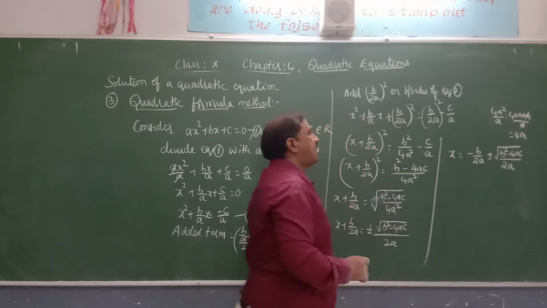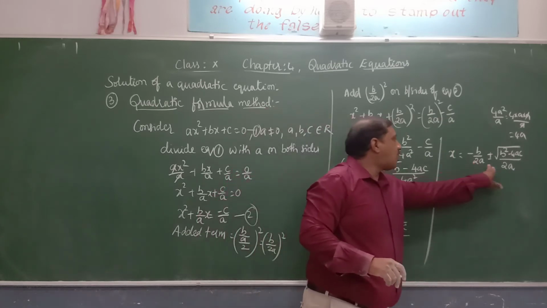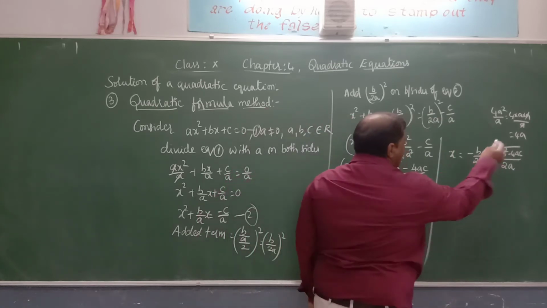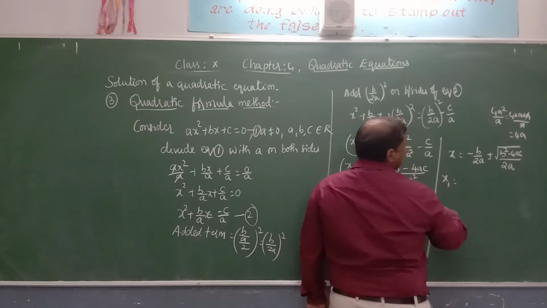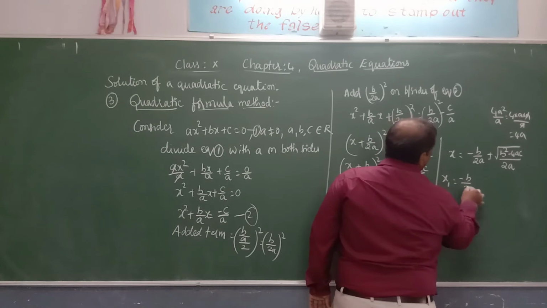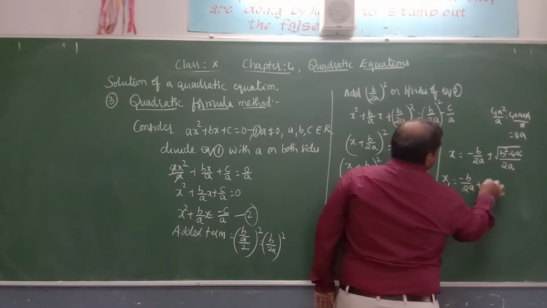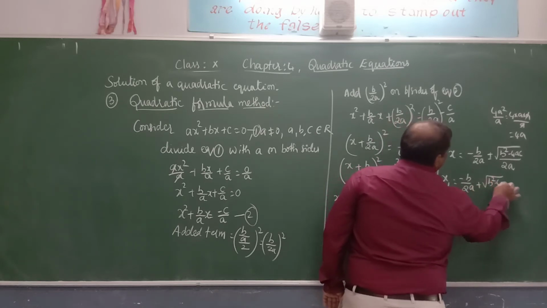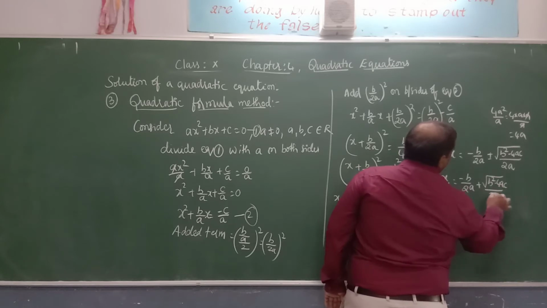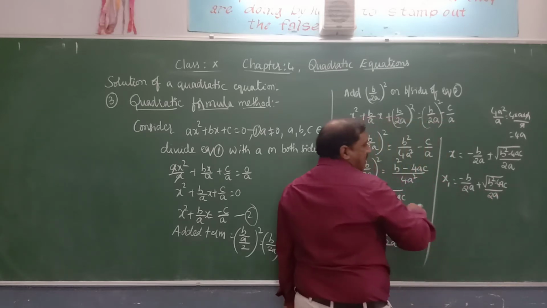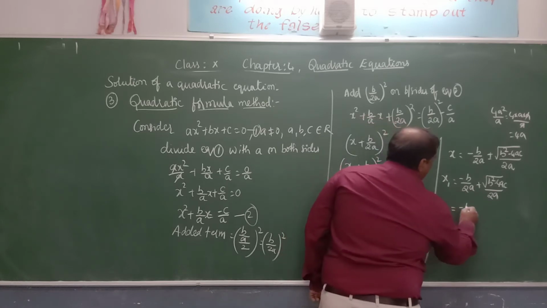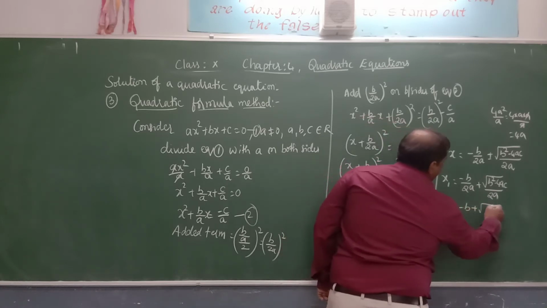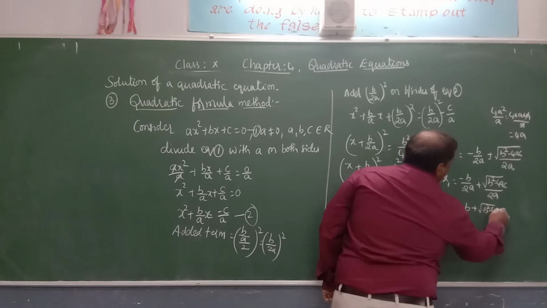Now you see both the denominators are the same, 2a and 2a, so we can make them x1, that is the first equation. x1 is equal to minus b by 2a plus square root of b square minus 4ac divided by 2a. Again the denominators are the same, which we can write as minus b plus square root of b square minus 4ac by 2a.